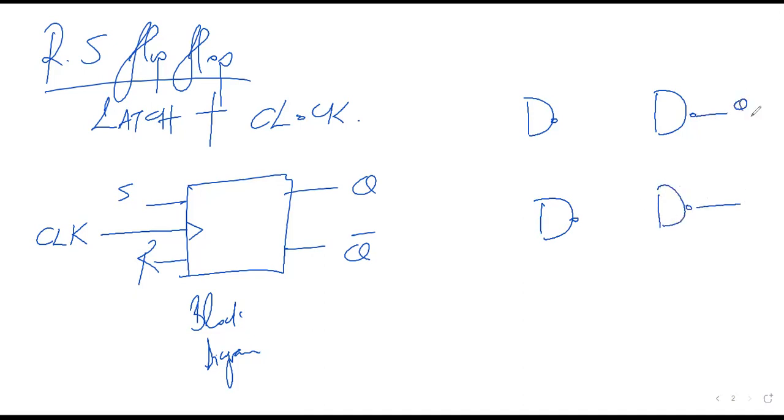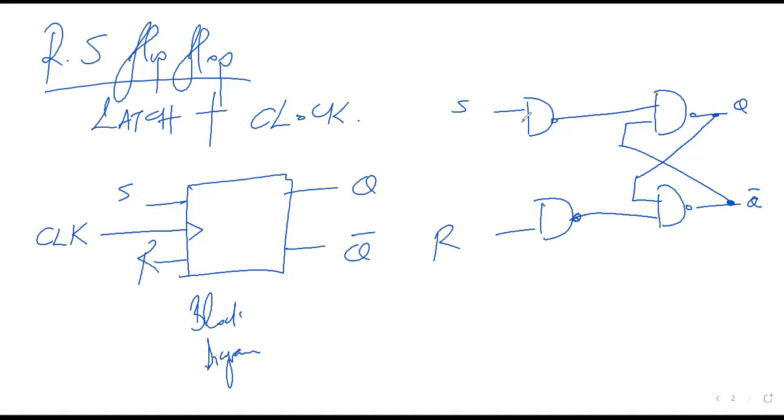My outputs are Q and Q bar. I have S and R, and this will be the input here, and this will be the output here. This is what is inside that block diagram.